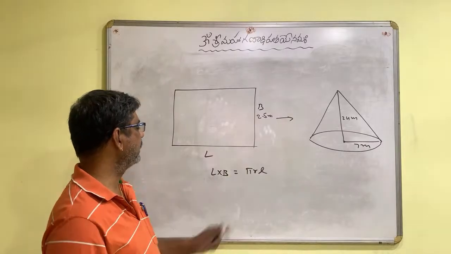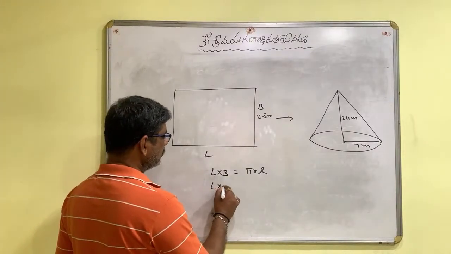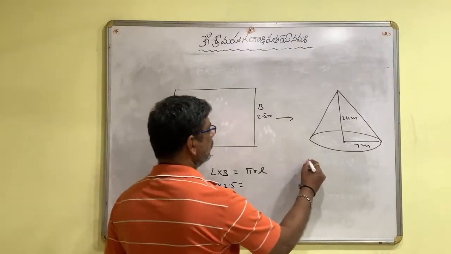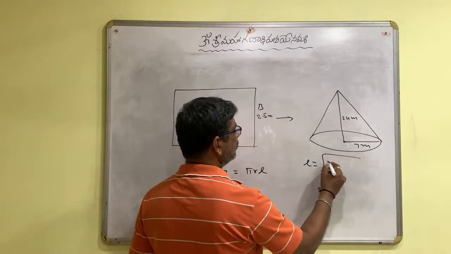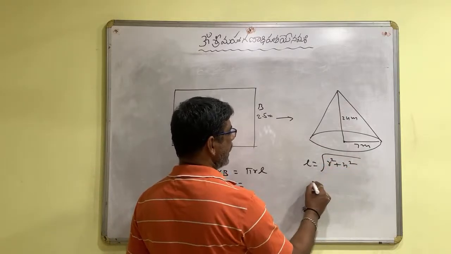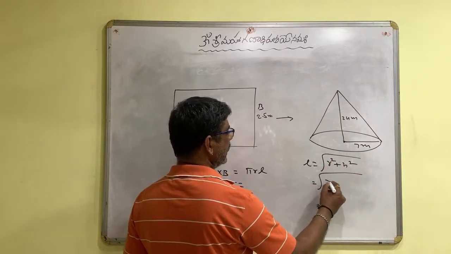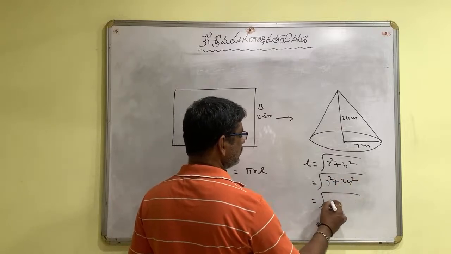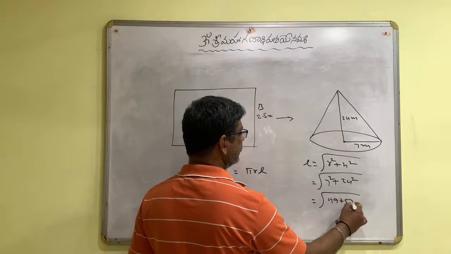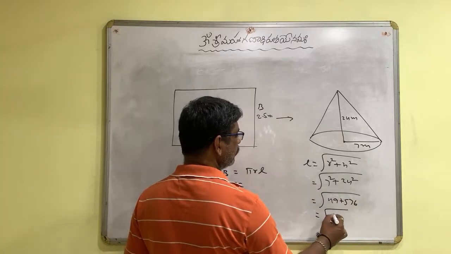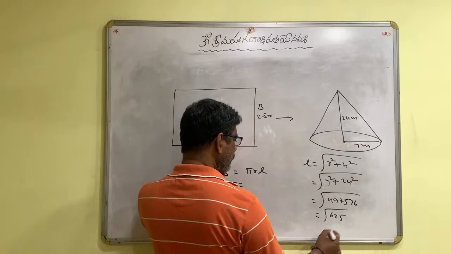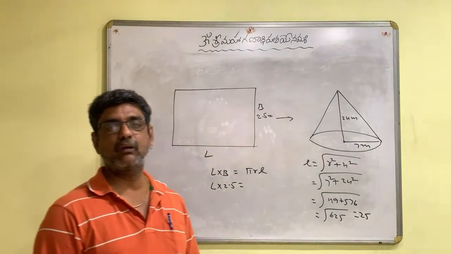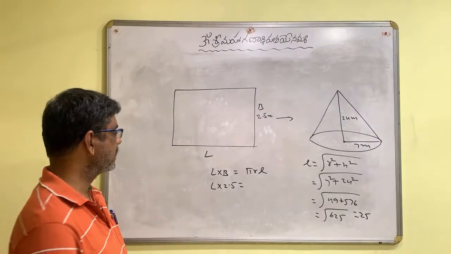We know breadth is 2.5, so L into 2.5 is equal to the curved surface area. First find the slant height of the cone, root over r square plus h square. 7 square, 24 square. 49 plus 576, root over 625, which is 25. So slant height of the cone is 25 meters.